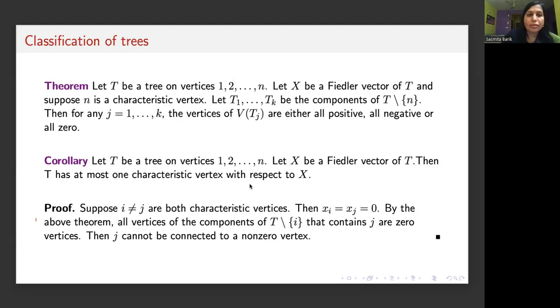So two cases occur for a tree: either there is a characteristic edge corresponding to a Fiedler vector, or there is a characteristic vertex corresponding to the Fiedler vector.